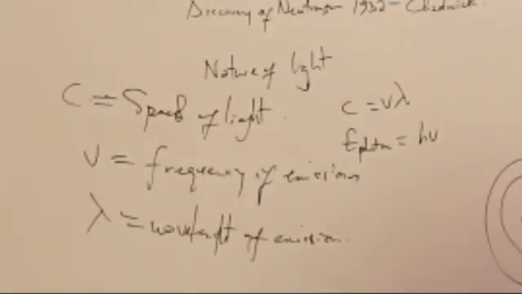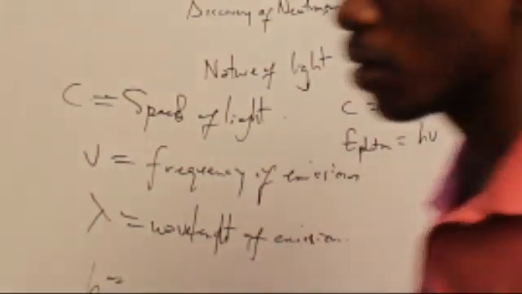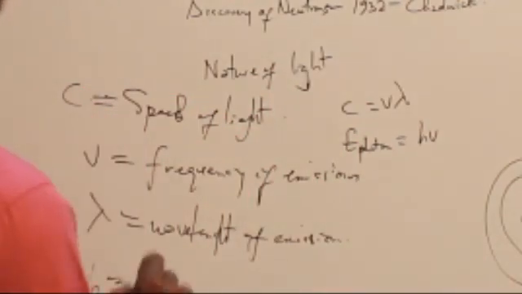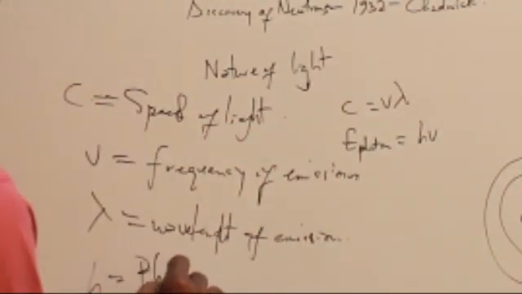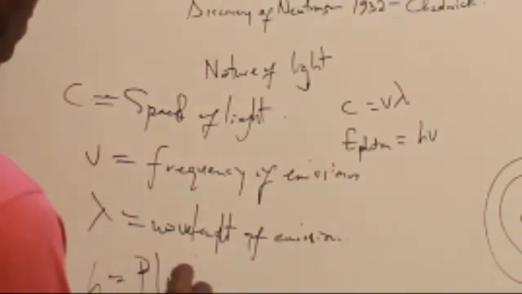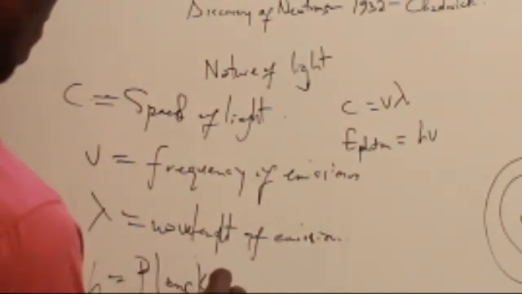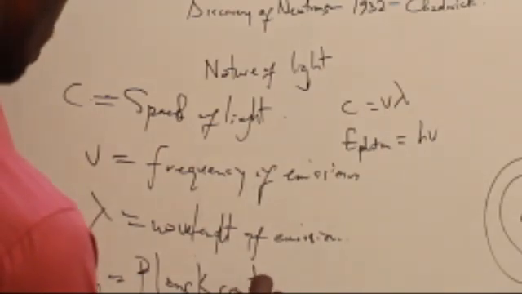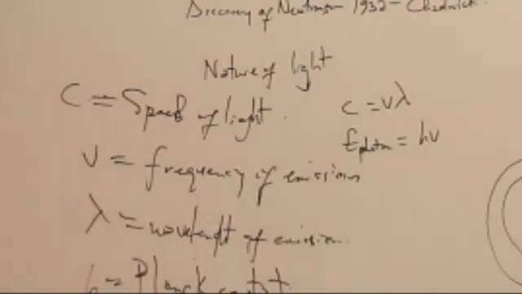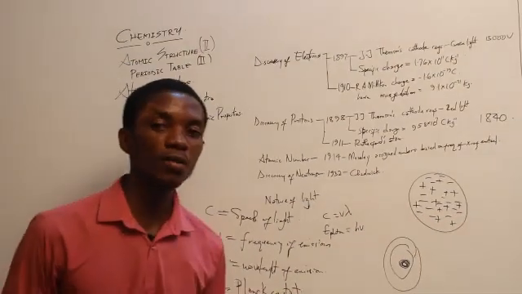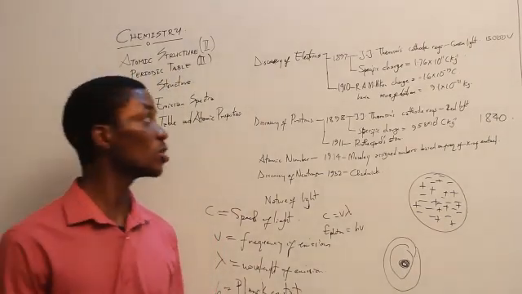So v here is still frequency, and h here is what we know as the Planck constant.